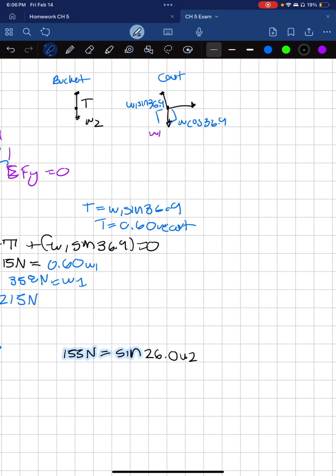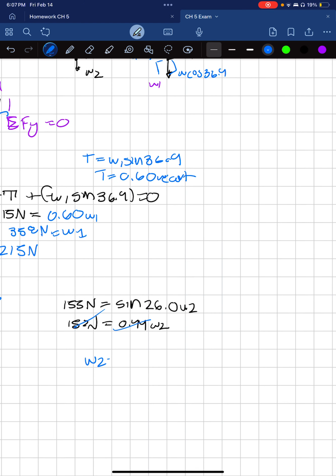That will give us the weight. Now put this in our calculator. Then we divide that by that, which cancels out, and then we're left with the weight. It's gonna be 354 newtons. That's gonna be our part C.